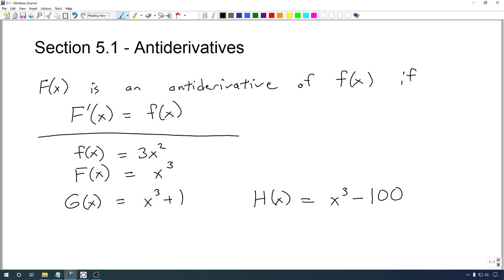However, we are lucky enough that once we have one antiderivative of our function, then every antiderivative will look like x cubed plus c, where c is some constant. In fact, you could say this is even a theorem, though the book doesn't actually express it as such.